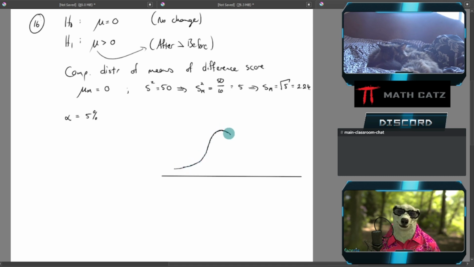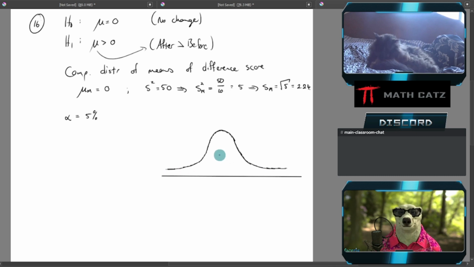Small little bits in my drawing. Try and get symmetry here. At least try. There we go. That's our t distribution for the means of difference scores. That's going to be centered, assuming my null hypothesis is true, at 0.